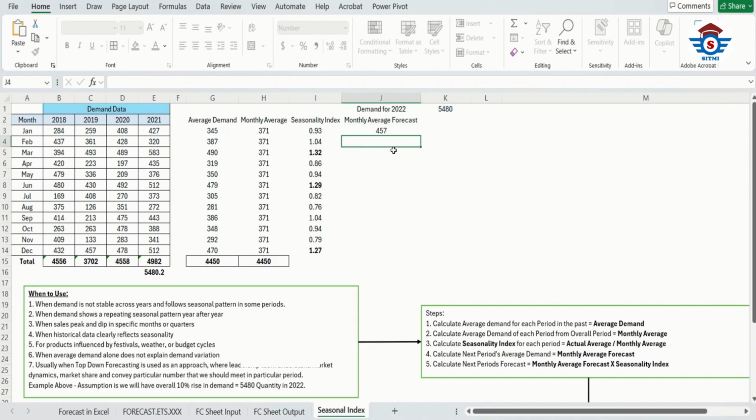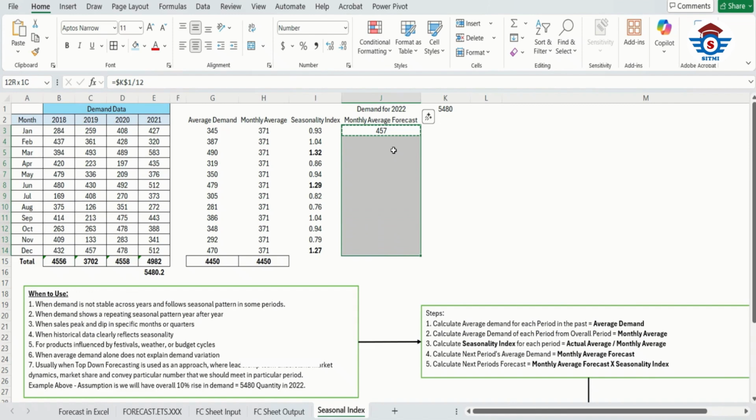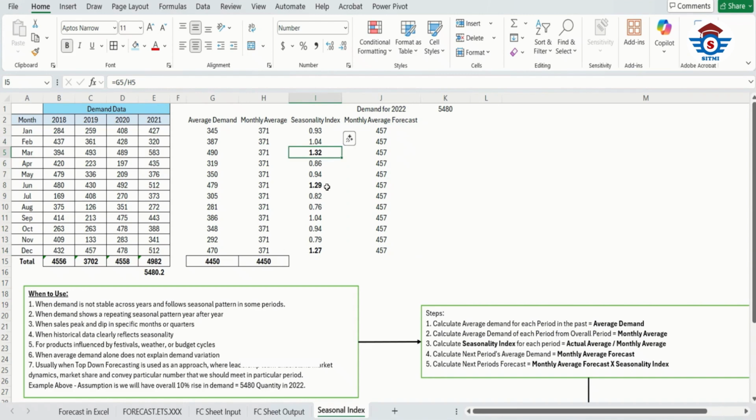So on an average, monthly demand in an ideal situation is we will sell 457 quantity. But since this is an ideal situation, we know that there is seasonality in the data, like we have seen the seasonality index going up and also going down in certain months. And that's where we have to also consider this factor in the future forecast.